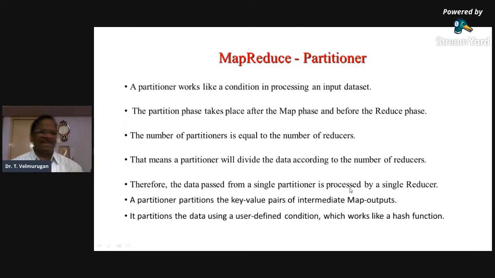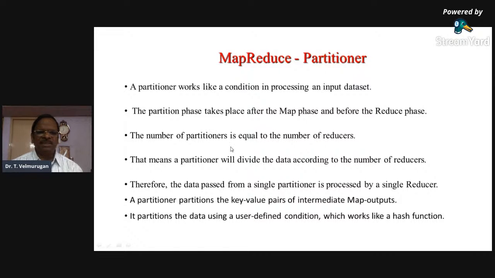How can we partition the text input data by using the MapReduce partitioner? What is the role of the partitioner in MapReduce? A partitioner works like a condition in processing an input data set. The partition phase takes place after the map phase and before the reduce phase.